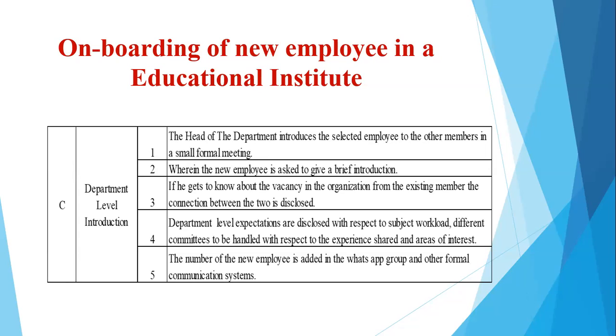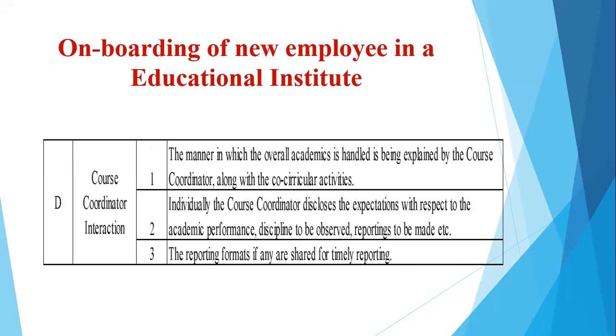And then the contact of the new employee is added in the entire organization's formal communication systems as well. So a new mail ID is created, he's added to the WhatsApp group or any other information system that the organization has to pass on the required information to the different departments or the faculties. So additions would be made essentially.